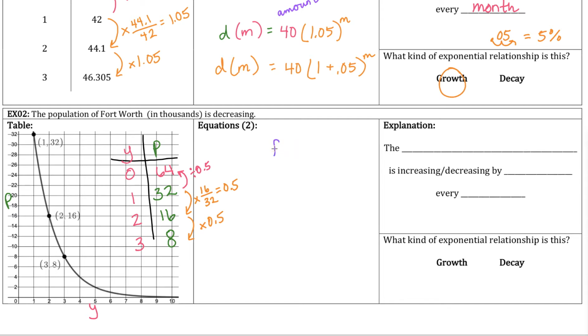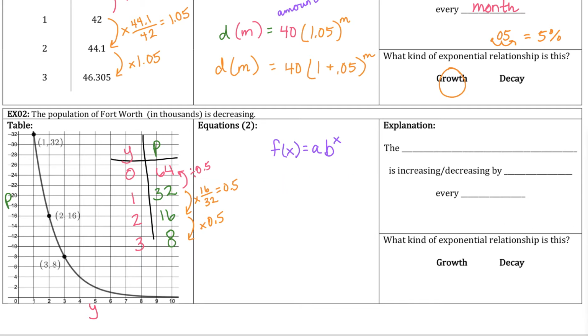Let's go ahead and write our equation. Remember, it's in the form of f of x equals a b to the power of x. So we're talking about the population, and population is a function of my number of years.